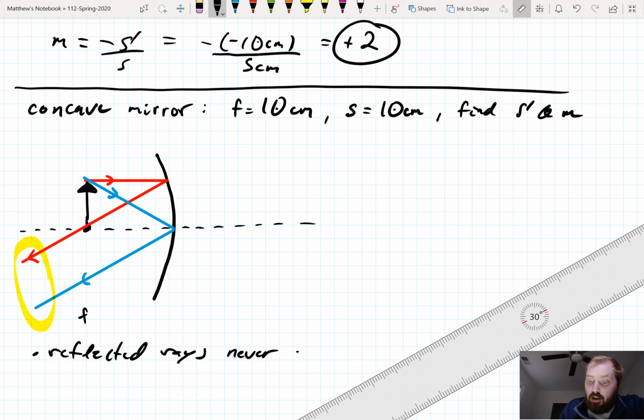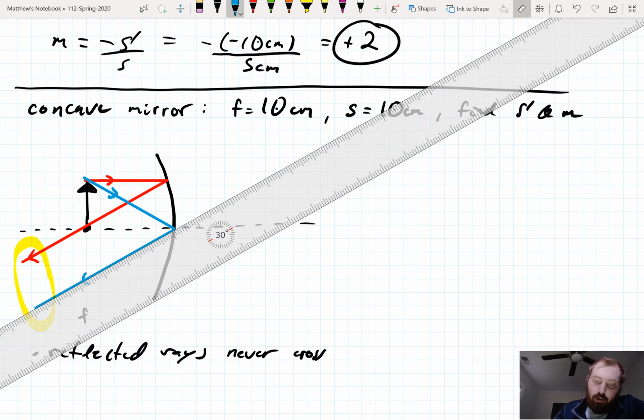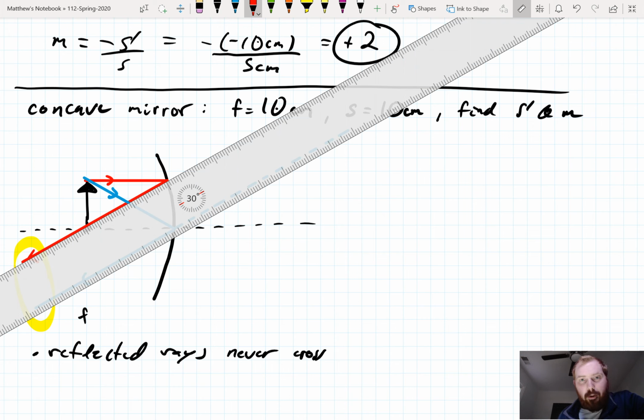Reflected rays never cross. So do the projections. Try and find the virtual image. So we look behind the mirror. And some of you might notice the issue. This ray is at a 30-degree angle. This ray is also at a 30-degree angle.